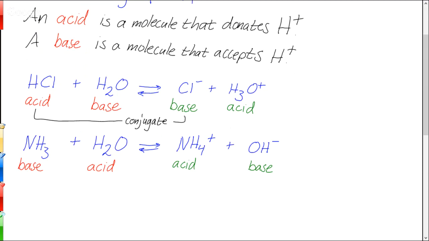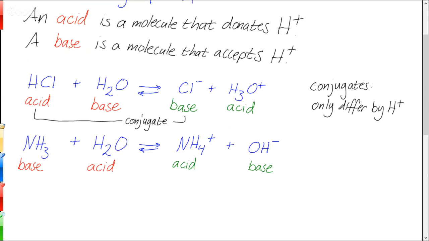So let's define that. The rest of the molecule is the same, but they've either lost or gained H+. And so then we call those two things conjugates.